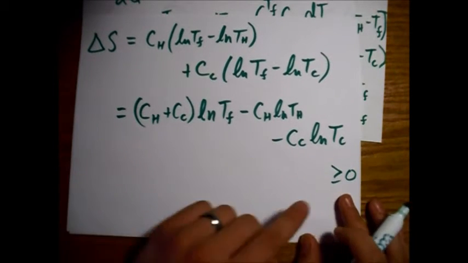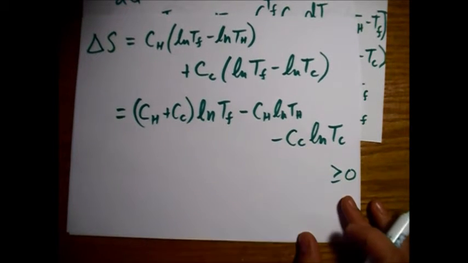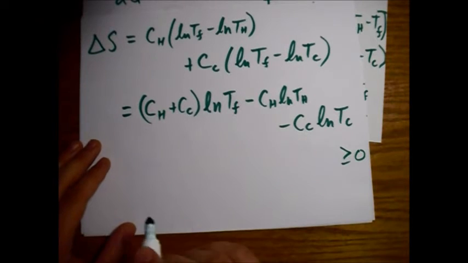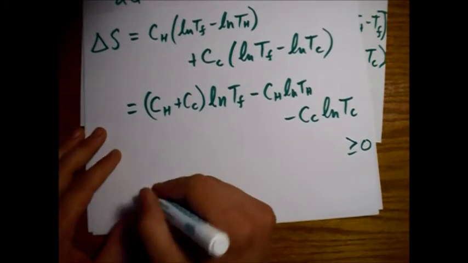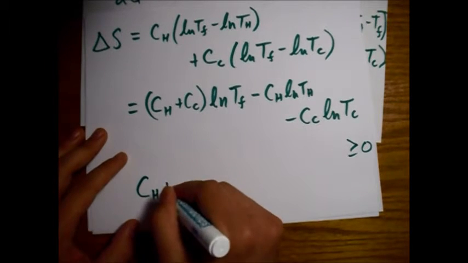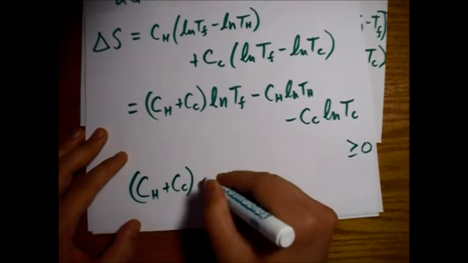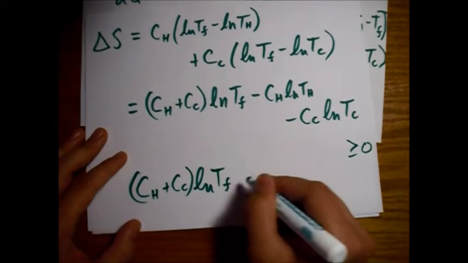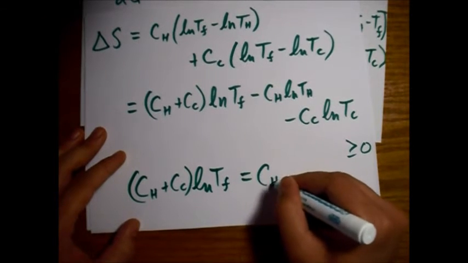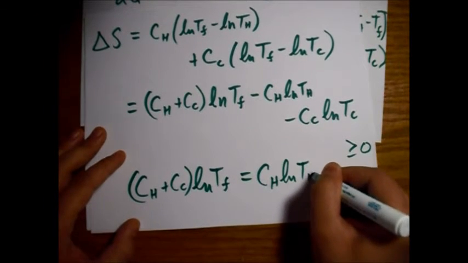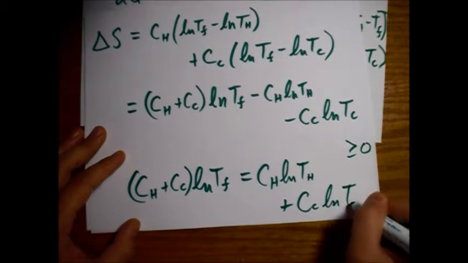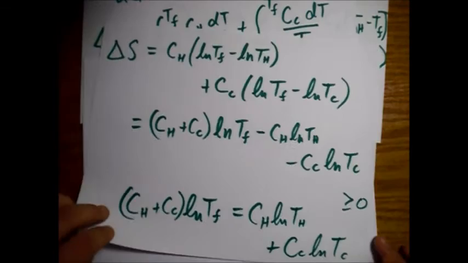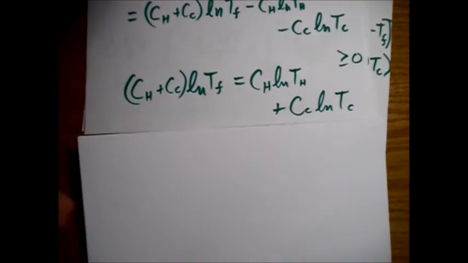So I'm going to set this equal to 0 so we find the maximum, and bring these two terms onto the other side. So we just have C_H plus C_C times natural log of TF is equal to C_H ln of TH plus C_C ln of TC. Now we just have to solve this for TF.